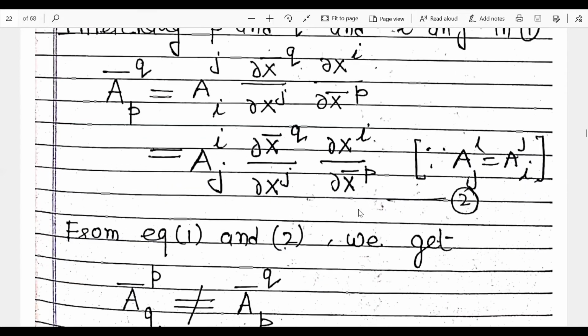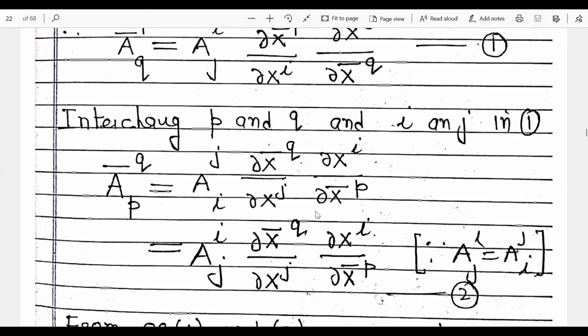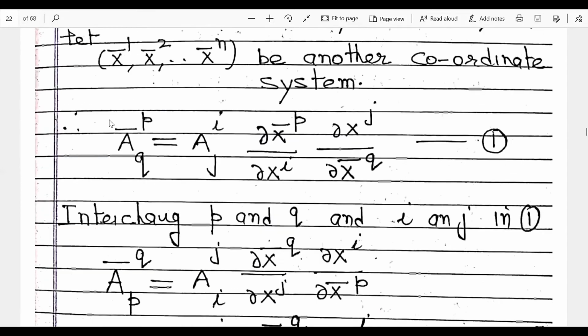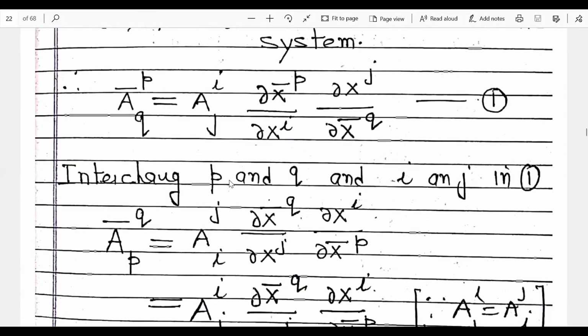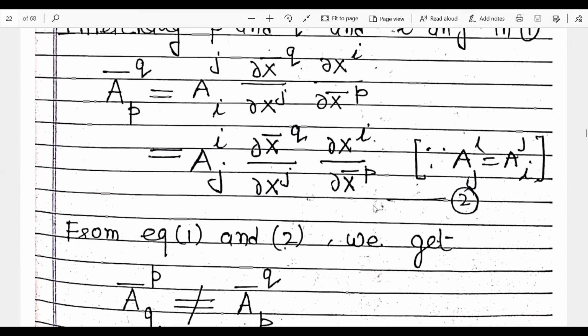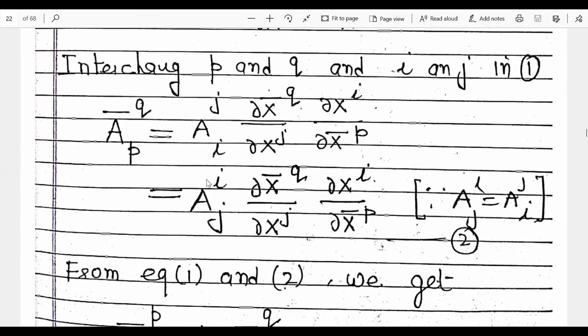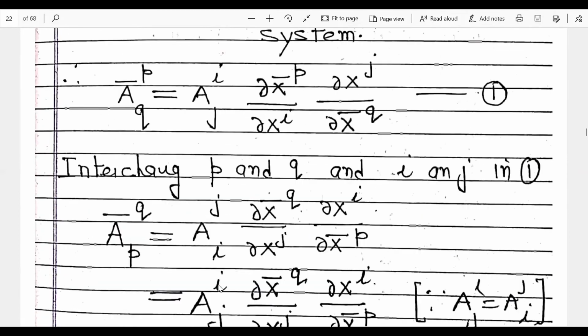Now from equations number 1 and 2: the value of A bar pq is defined in equation number 1, and the value of A bar qp is defined in equation number 2. The first term is equal, Aij equal, but the second term is distinct and the third term is again different.